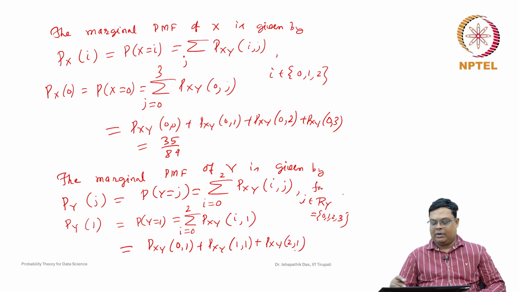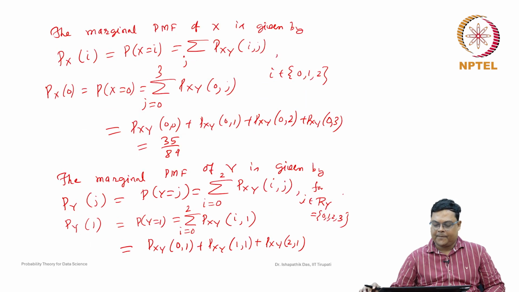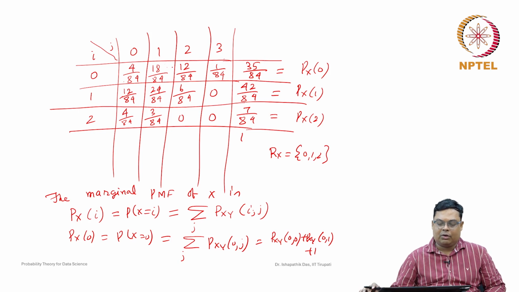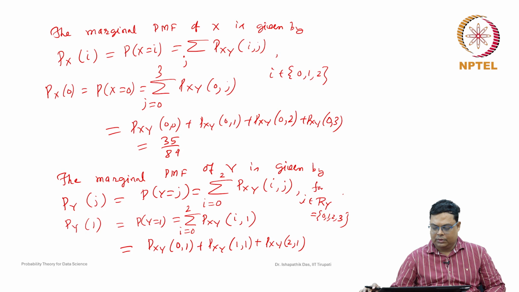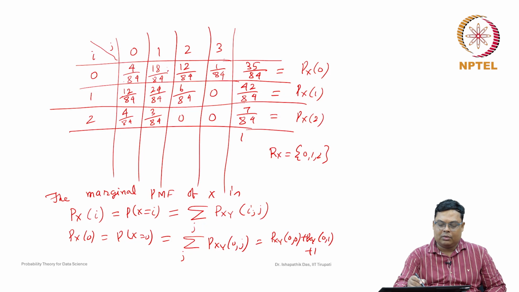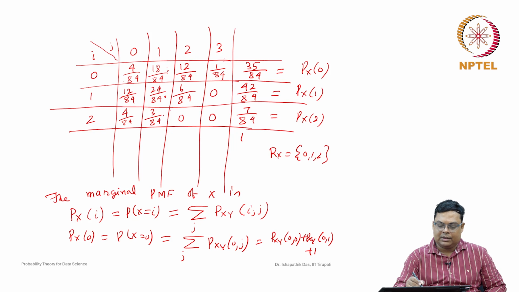Here you can see Pxy of 0 1 is this, Pxy of 1 1 is this, and Pxy of 2 1 is this. Because we are fixing the 1 here, this is the sum of column 1.